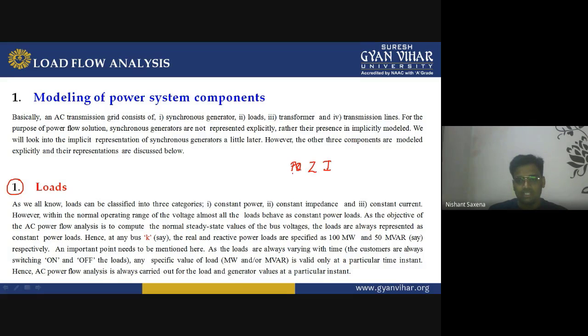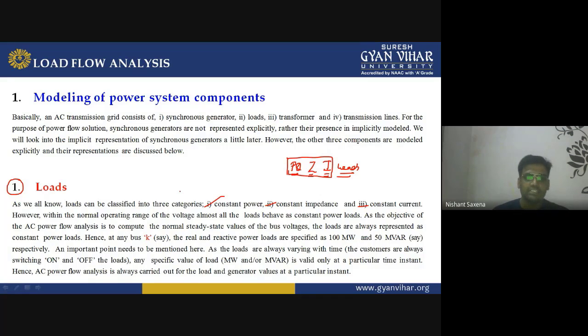So we can take it as a constant PQ model, Z model, or I model. However, within the normal operating range of voltages, almost all the loads behave as constant power loads.